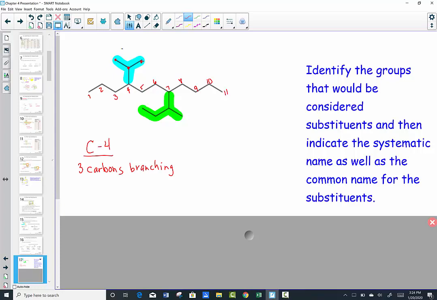Instead of being attached at carbon 1, it's attached at carbon 2. And that's my clue that that is an isopropyl functional group. So that would be its common name, isopropyl. When a 3-carbon branch is attached to the parent at carbon 2, that's called the isopropyl group.